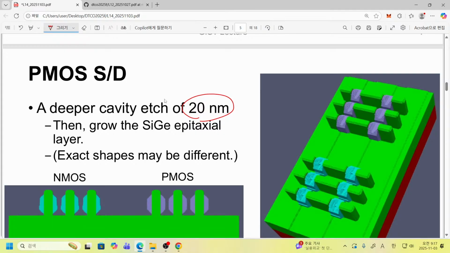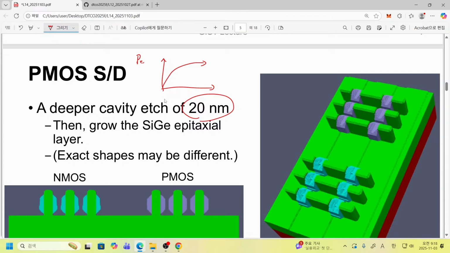They changed the etch depth and applied selective epi growth, and measured the performance of the final fabricated FinFET. They found that if we make deeper and deeper cavity etching, there is a tendency of improved performance. However, there is a certain saturation of this performance improvement.